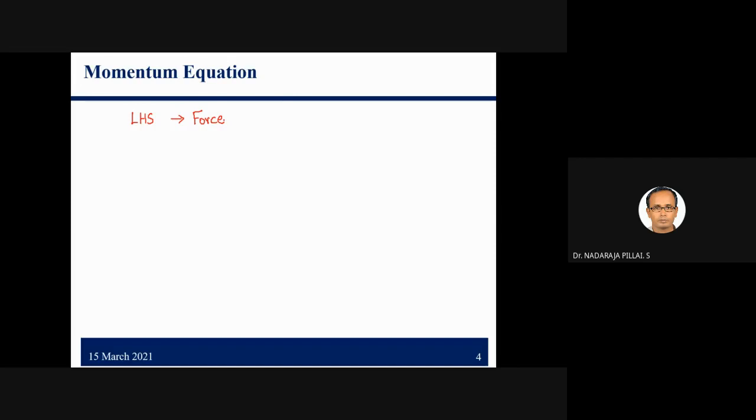Now, for the force exerted on a fluid as it flows through the control volume, we have two sources of force. The first source is the body force, and the second source is the surface force. What is body force?